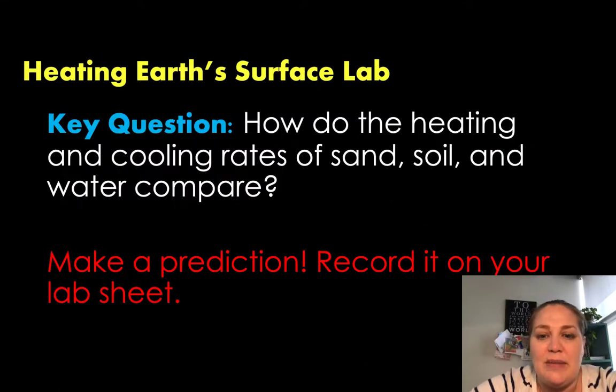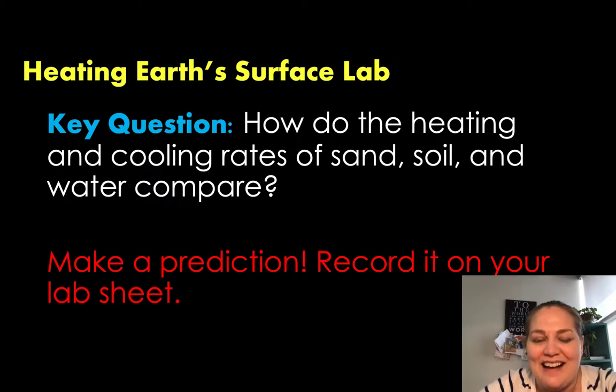I want you to make a prediction on your lab sheet. I want you to think about which of these materials, sand, soil, or water, will heat up the fastest. And I also want you to think about which of them might cool down the fastest or cool down the slowest. So record your prediction, pause me, and then return.